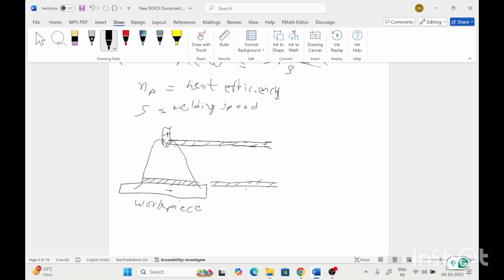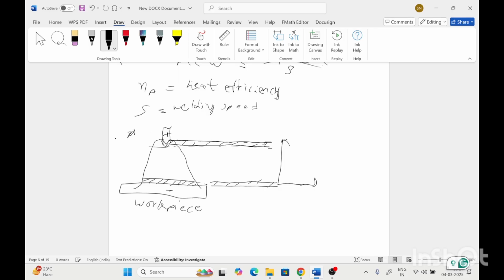If we draw the voltage distribution, this is the anode.